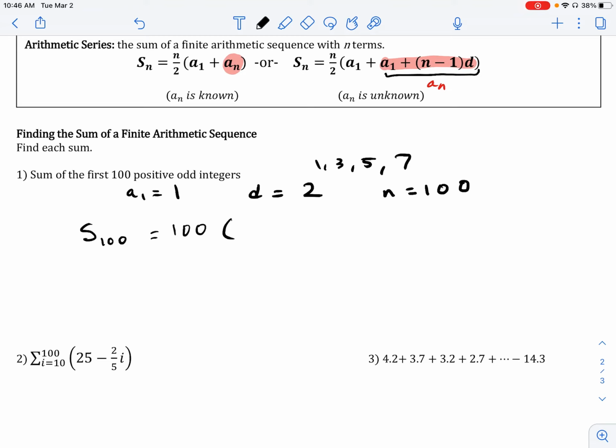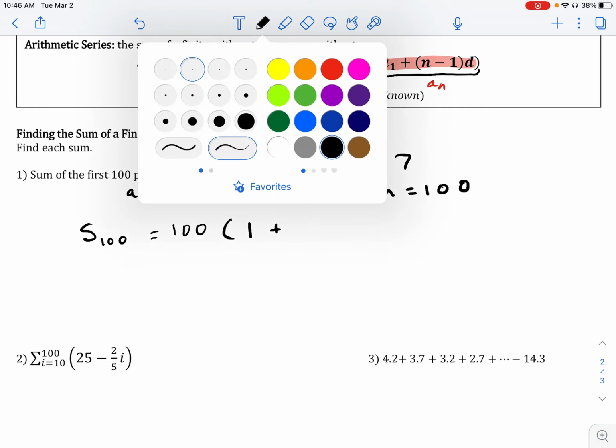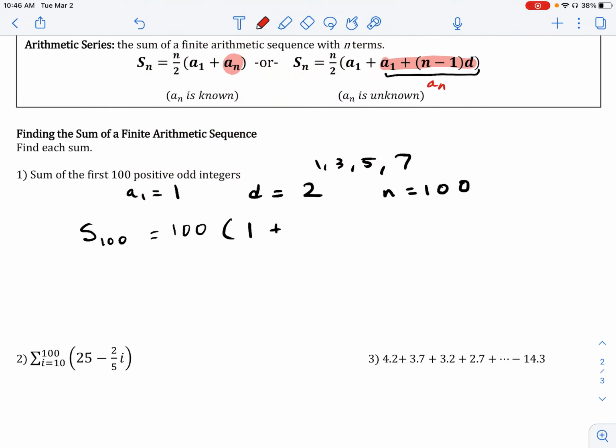We would say then the following. This would be a sub 1, which we said was 1, plus, I'll do this part in red to keep it consistent, a sub 1, which was 1, plus 100 minus 1 times our common difference d, which was 2.